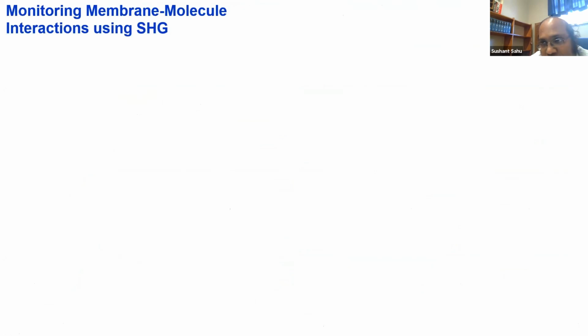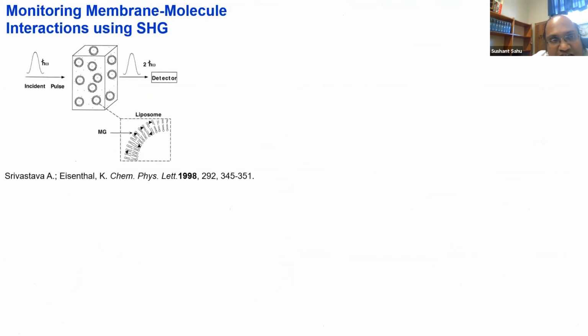Now we are not, of course, the first to study this, and this idea was introduced first by Ken Eisenthal's group, who is one of the pioneers in surface sensitive spectroscopic studies.